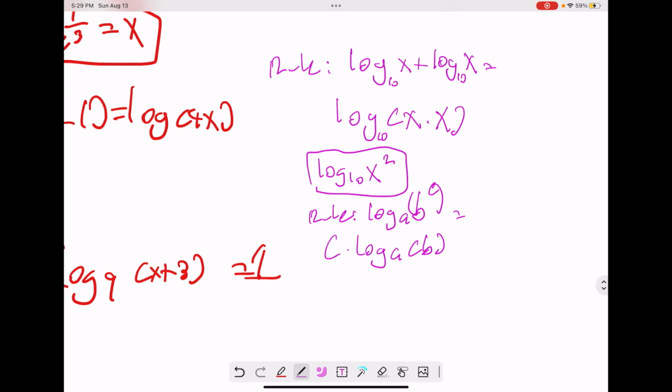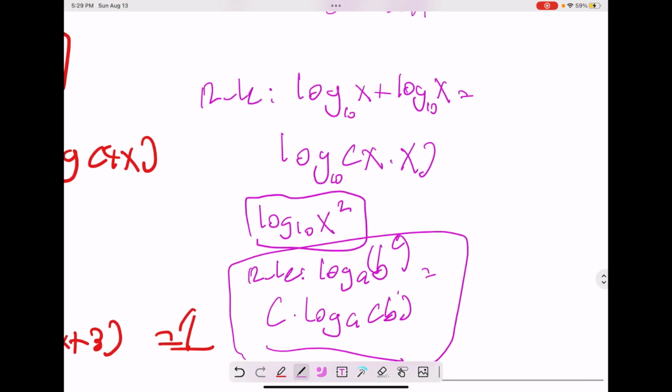So we're just going to plop the exponent on the term of the log, and we're going to times the whole log by it and remove it from this area. So this is another rule that's very important.